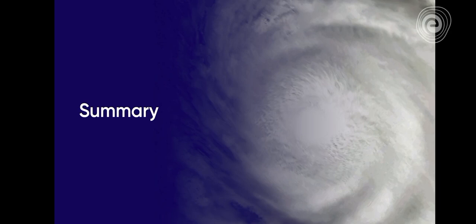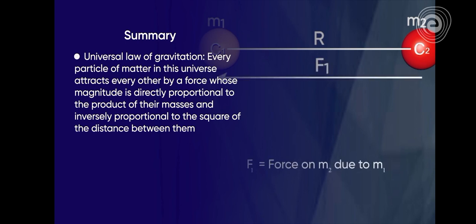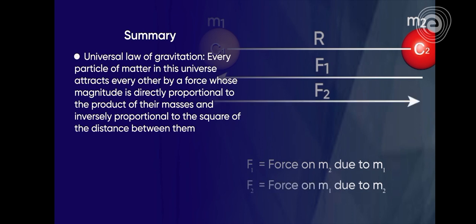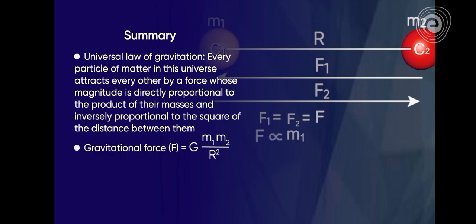Let's summarize. In this session, we have learned the universal law of gravitation, which states that any two particles with masses m1 and m2 attract each other by a force whose magnitude is directly proportional to the product of two masses and inversely proportional to the square of the distance between them, and can be represented as F is equal to G m1 m2 by r square.